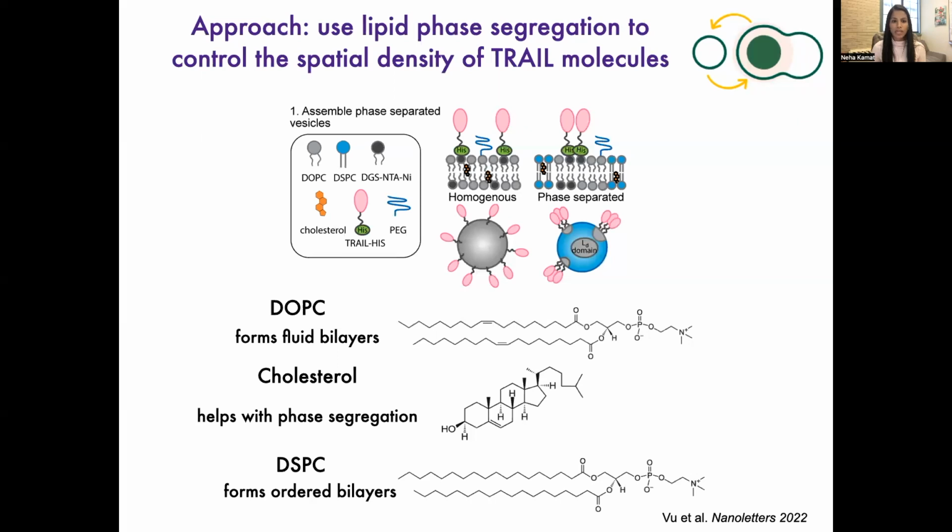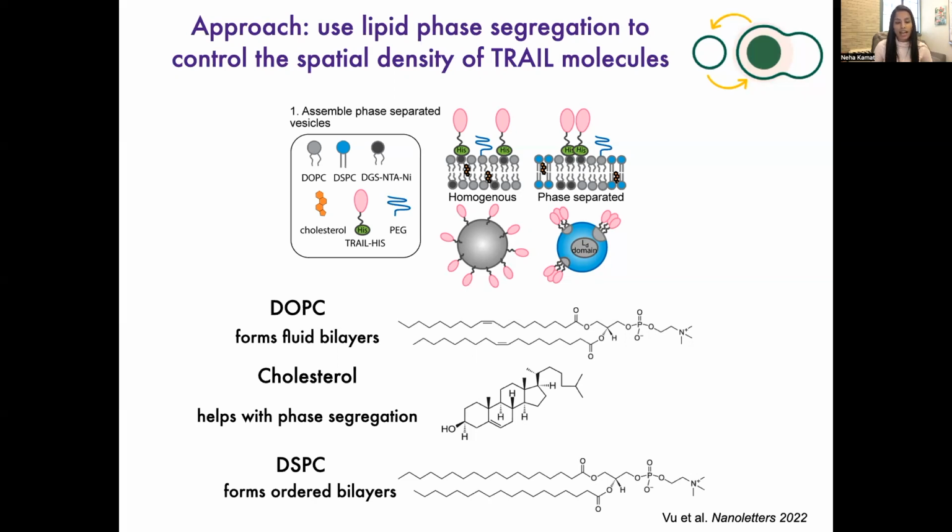So here what we've been doing is playing with this idea of phase segregation. Lipids of different composition and different physical properties can phase segregate into specific regions. We know this happens in a cell membrane, and it also happens readily in lipid synthetic vesicles as well. What we did was we conjugated TRAIL to a lipid through a histidine nickel conjugation mode.